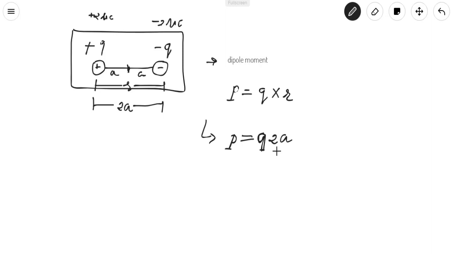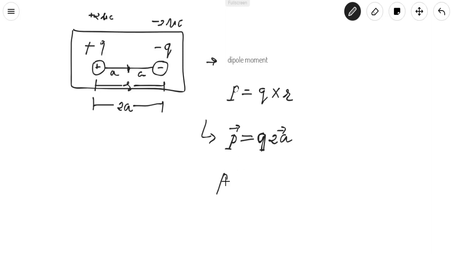So let's give it a try. Here q, the charge, is a scalar quantity, but 2a, the distance or say displacement, is somewhat vector. So p is a vector quantity. So the dipole moment is a vector quantity.